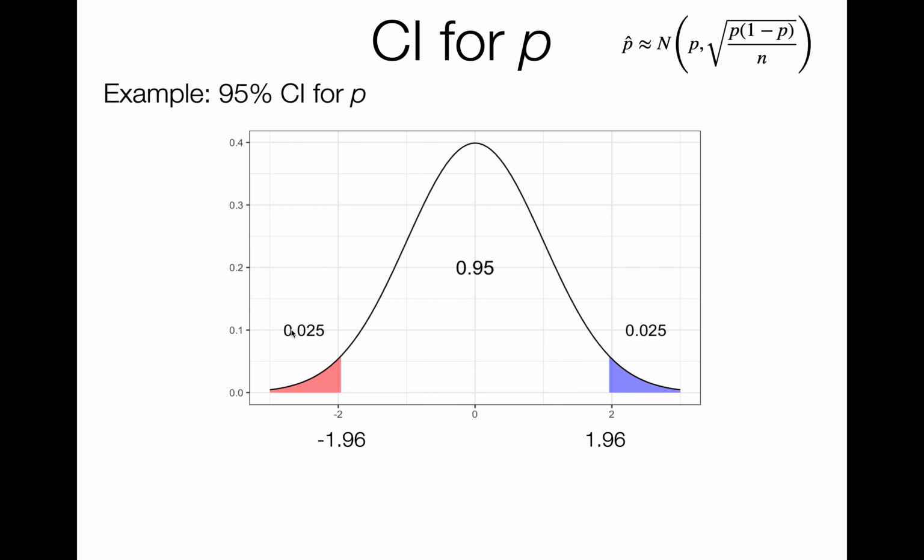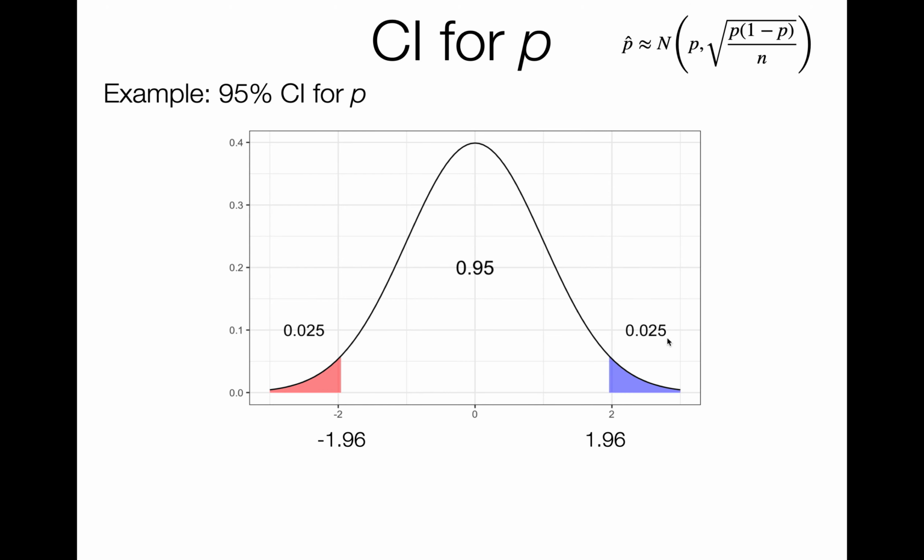To get this, you would go to StatCrunch. Again, StatCrunch is not working for me at this time. You would go to the normal calculator, have a mean of 0, standard deviation of 1, and then have the greater than or equal sign in the probability statement, and the probability would equal 0.025.